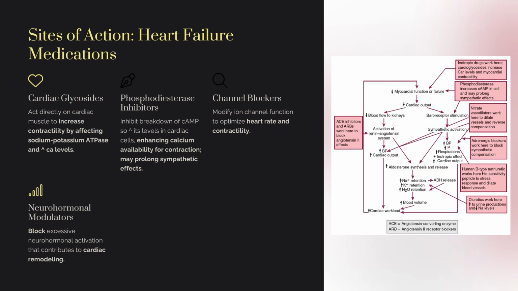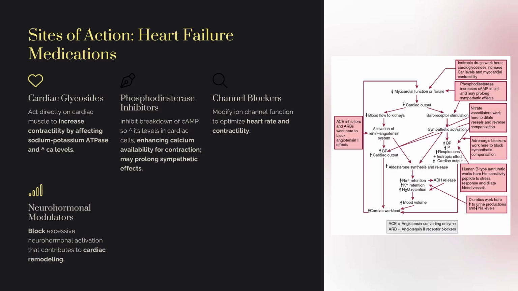All right. So I have a note here that on pages 776 and 777, there is a chart and a table, and this chart is the one on 777 of where these medications are acting. So cardiac glycosides are going to increase contractility by affecting the sodium-potassium pump, which increases calcium levels.